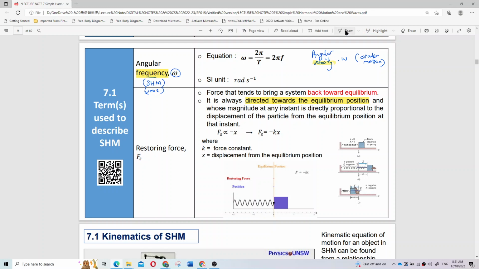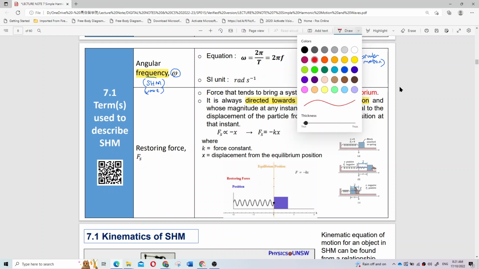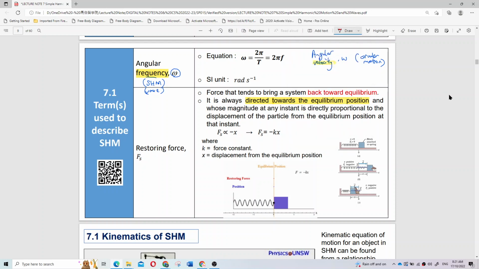That means if you have higher displacement, you have higher force. We use the symbol y. So higher displacement, higher restoring force.